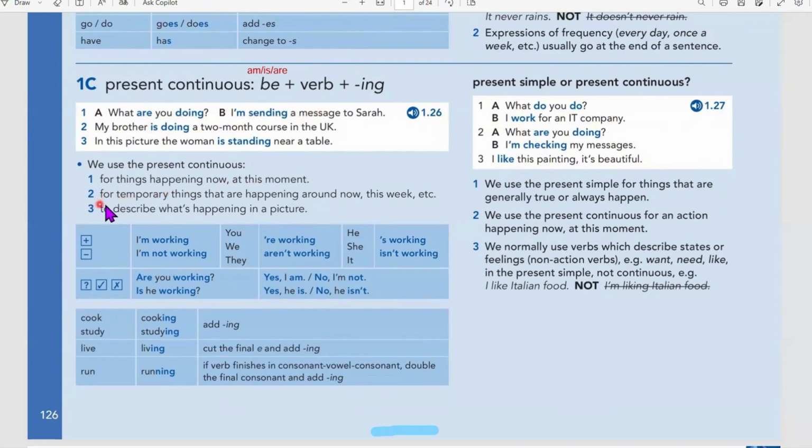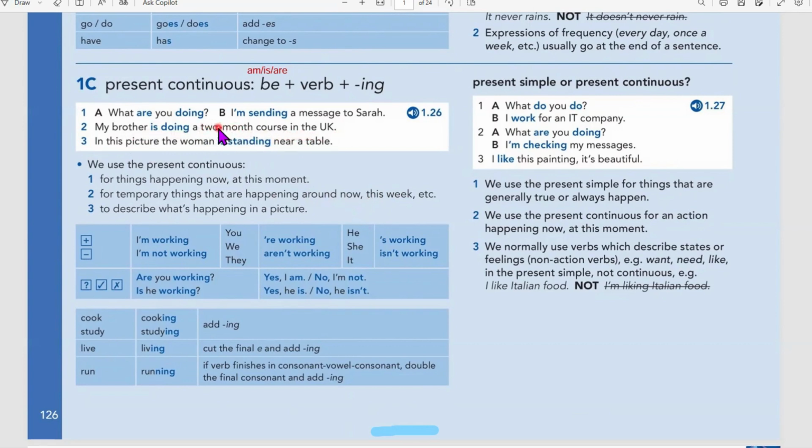Now, number 2, for temporary things. When we want to talk about temporary things, we also use present continuous. Temporary things that are happening around now, not at this moment, around now or this week or this month. Example, my brother is doing a 2-month course in the UK.